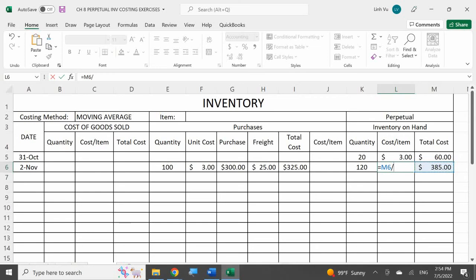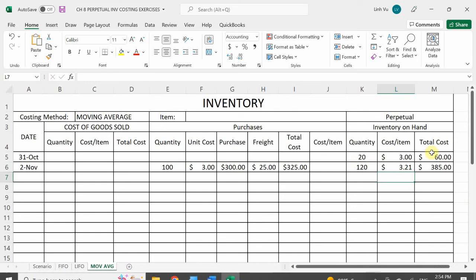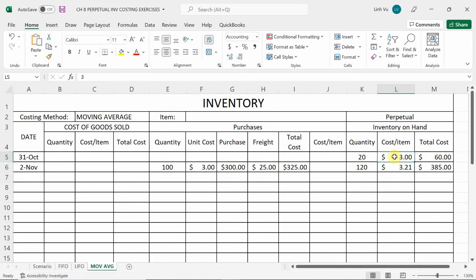Once again, this is where we are going to calculate our average cost per item. So 385 divided by 120 units that are available. What is my average cost per item here? 3.208333333. Good.